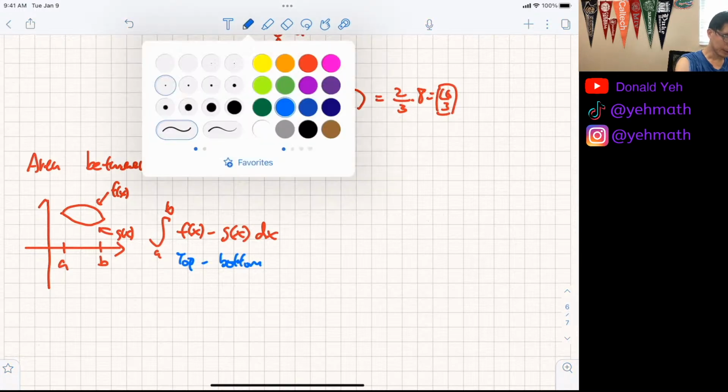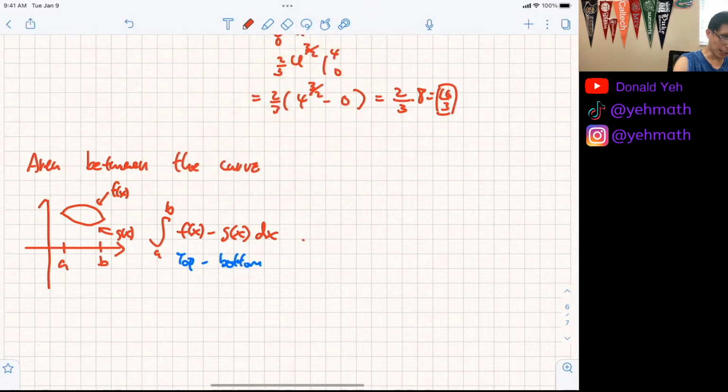The second situation that you're going to have is sometimes you have f of y and g of y. So what does that mean? Sometimes you might have something like this, between A and B. This is going to be f of y and this is going to be g of y.